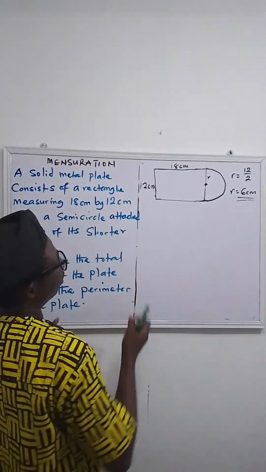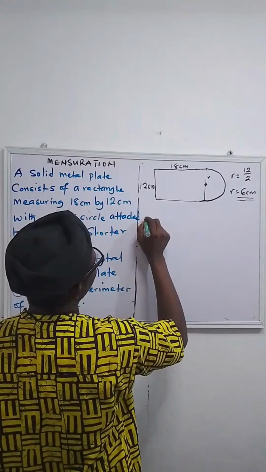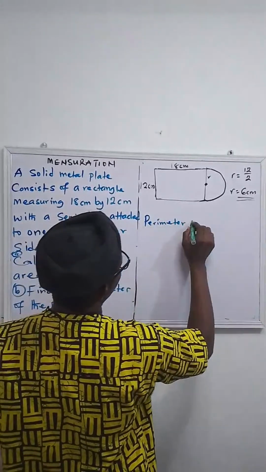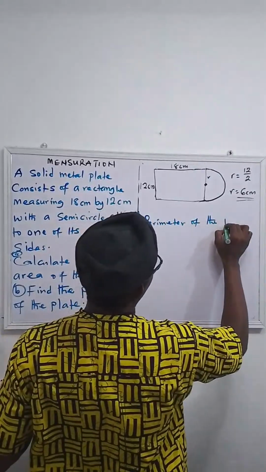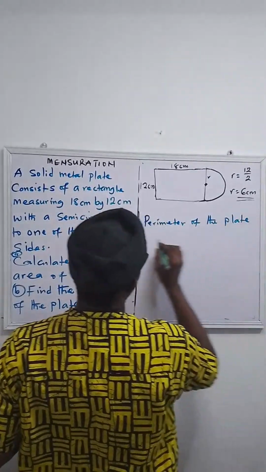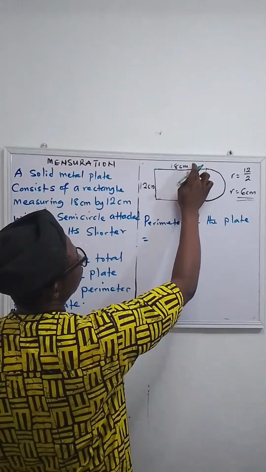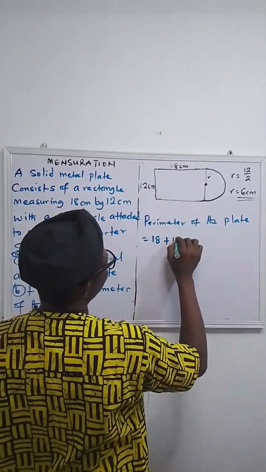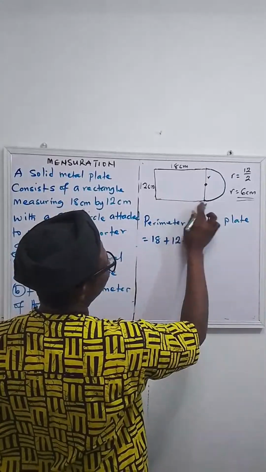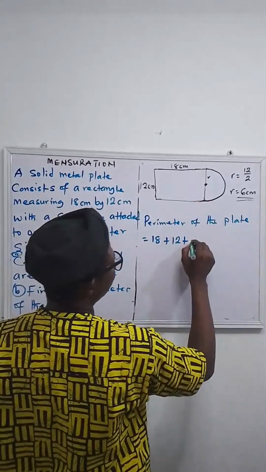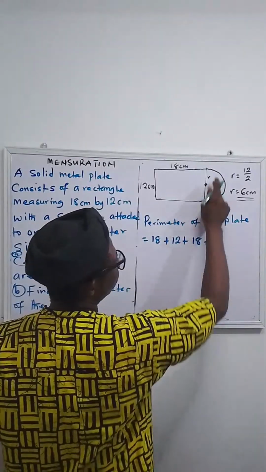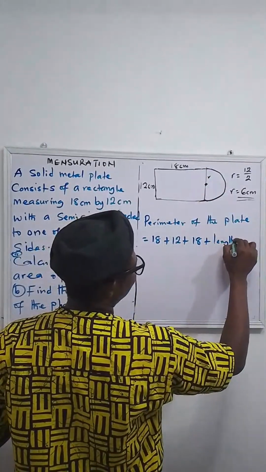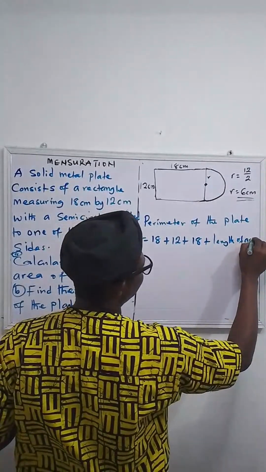Okay, perimeter of the plates gives us 18 plus 12 plus, here is also 18, right? 18 plus the length of arc.